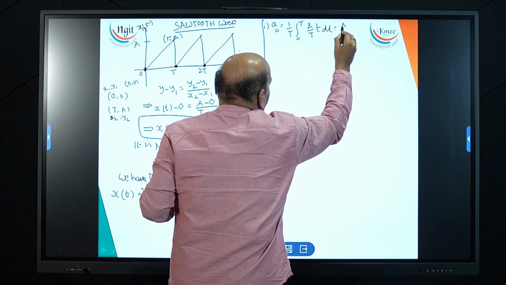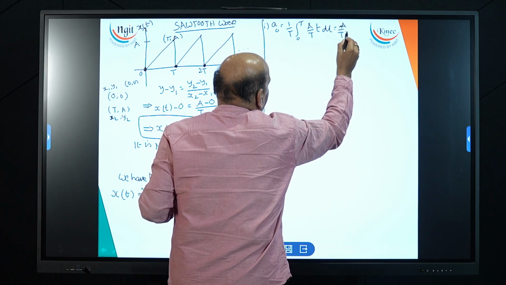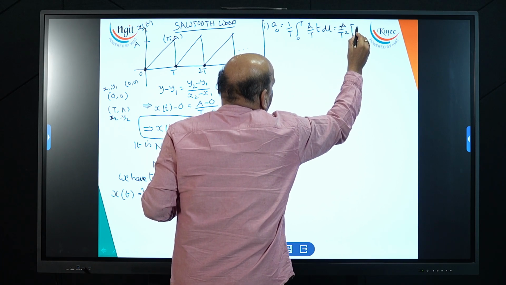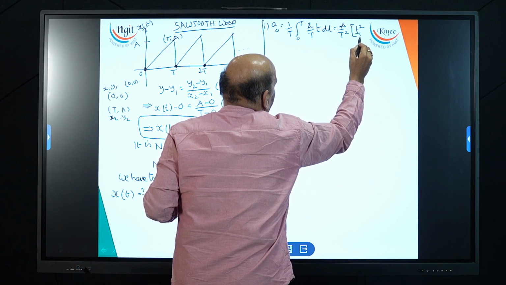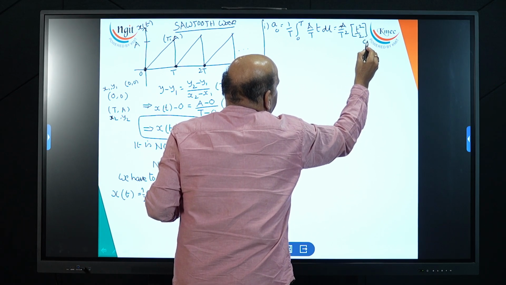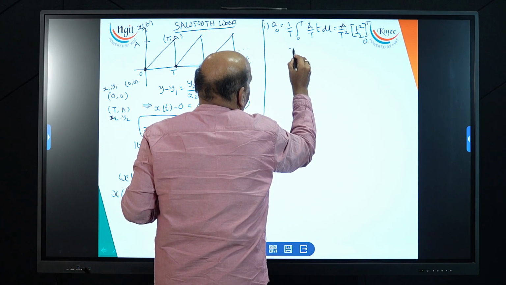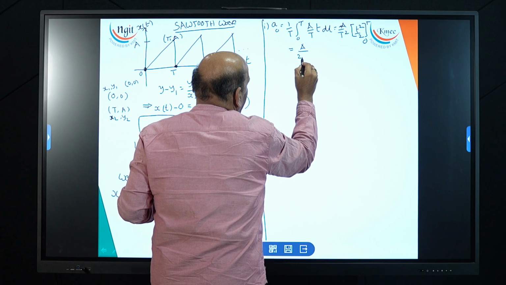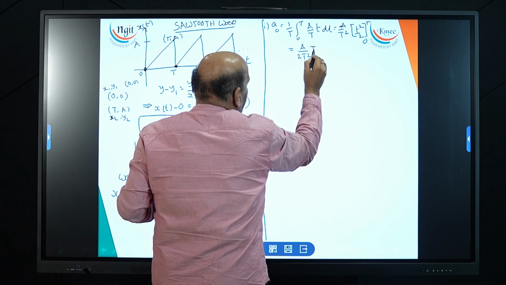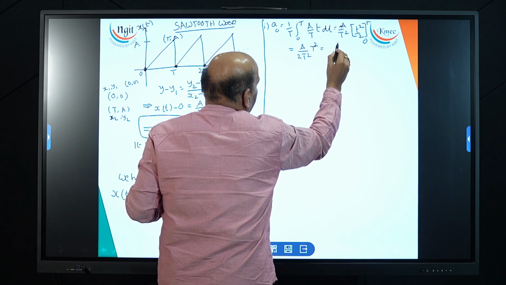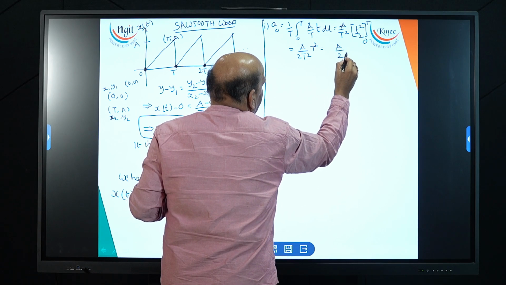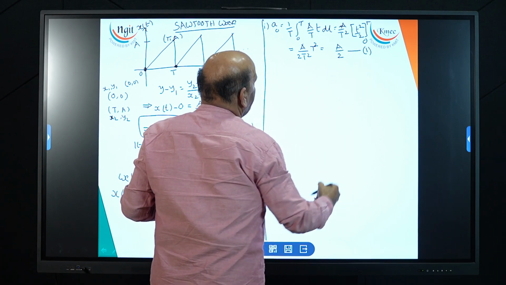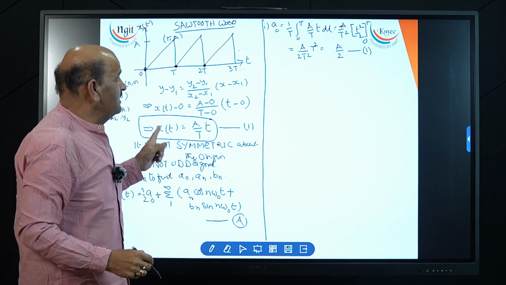Therefore, this becomes A by T squared into integral of t, which is t squared by 2, between the limits 0 to T. So this becomes A by 2T squared into T squared, which is A by 2. First one, a0 by 2 is A by 2.